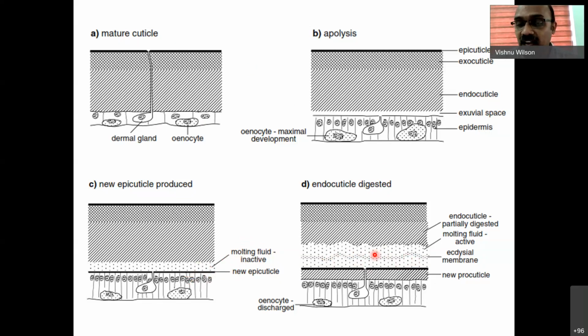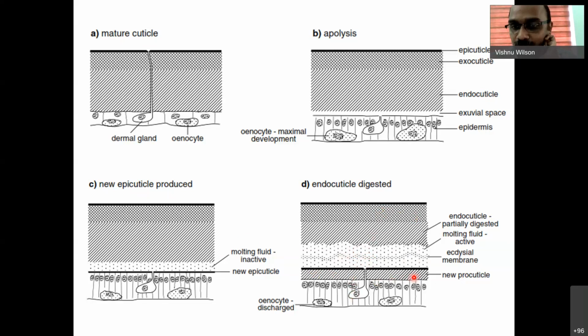Once the new epicuticle is secreted, the enzymes in the molting fluid become active and completely digest the endocuticle, and the exocuticle will not be digested. This digested endocuticle along with the molting fluid will be absorbed back. By that time, new procuticle will be formed.